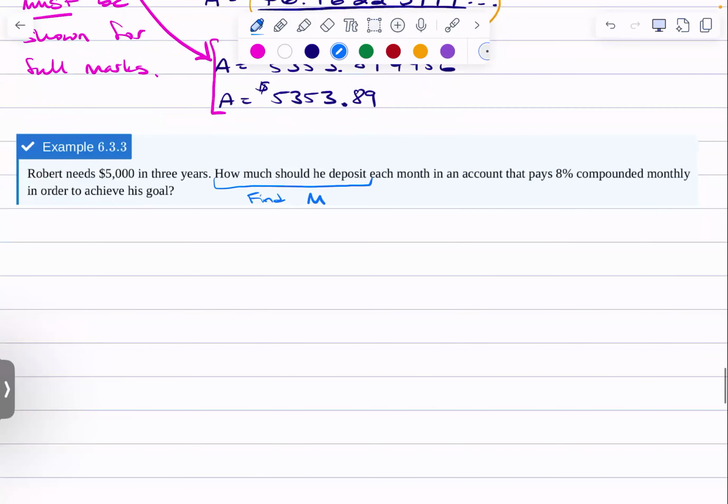What are we given? We're given that the accumulated amount at the end has to be $5,000, so $5,000 in 3 years.